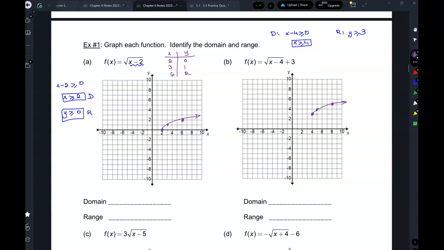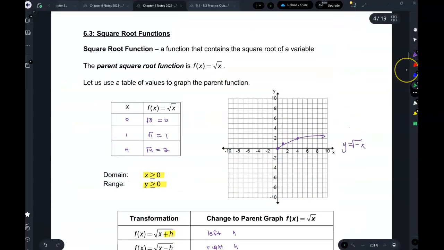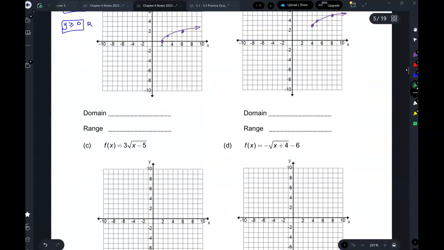Did that work for the first one? If I went over 1, I go up 1. If I went over 4, I go up 2. And if we look at the very first one we did, if I go over 9 units, I would go up 3 units. Okay, so that's where that would be. Okay, let's do this one.